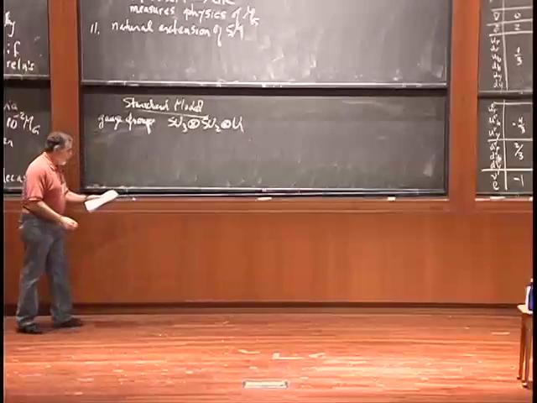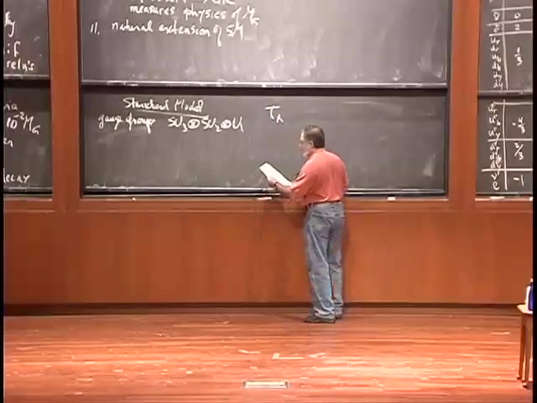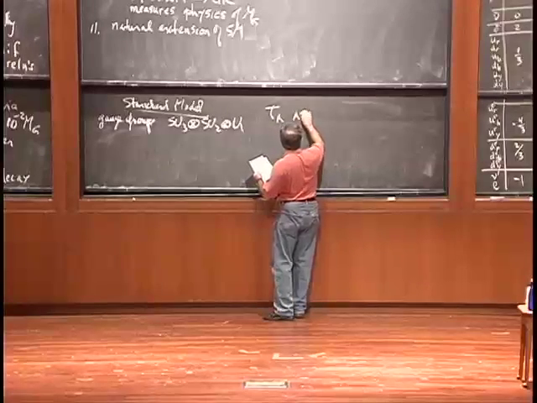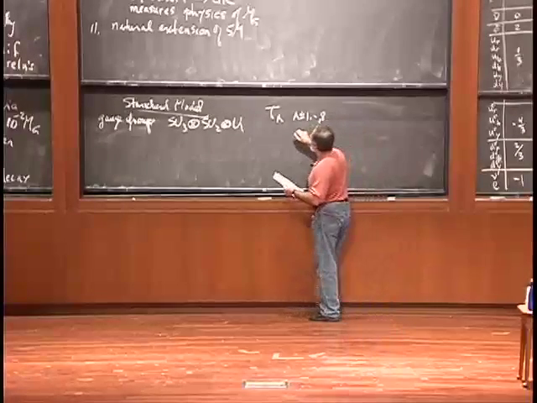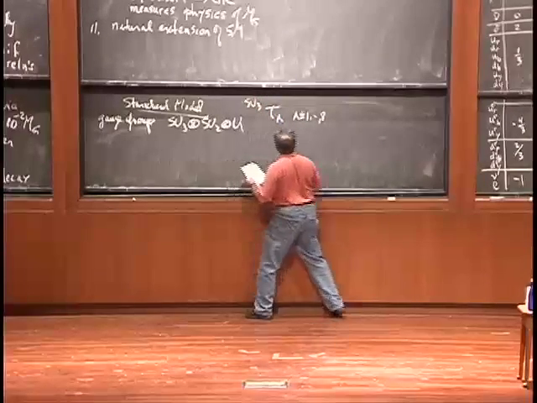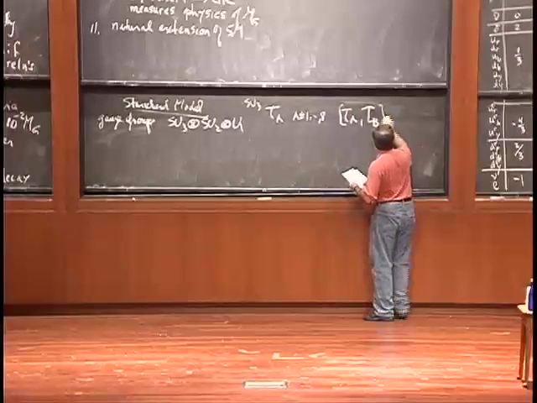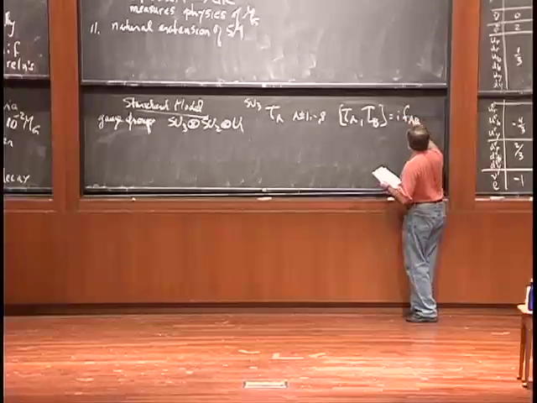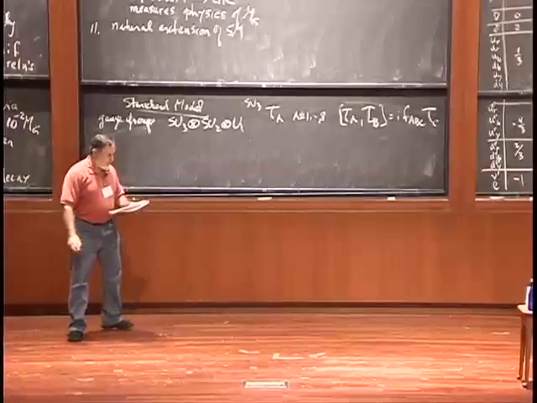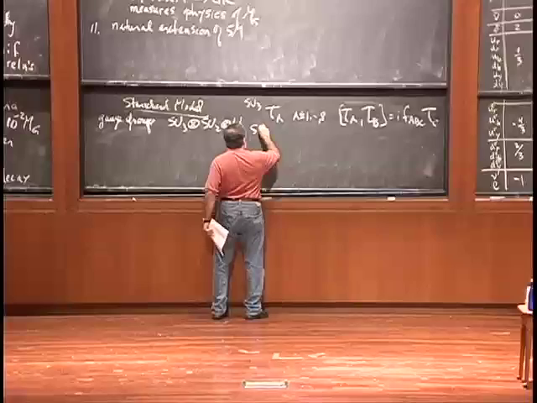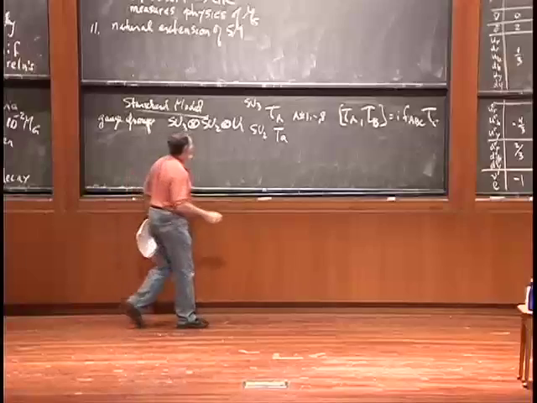U(1) hypercharge. The generators of the gauge group, I'll use a script T, A equals 1 to 8 for SU(3). And of course, really all you need to know at this moment is their commutation relations. And so there are a set of structure constants which are well defined, which define the group. We have SU(2) with generators capital T, small a, where a goes from 1 to 3.